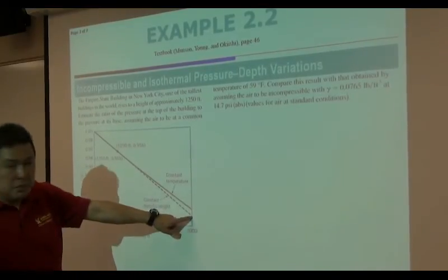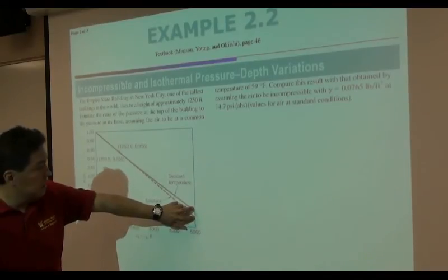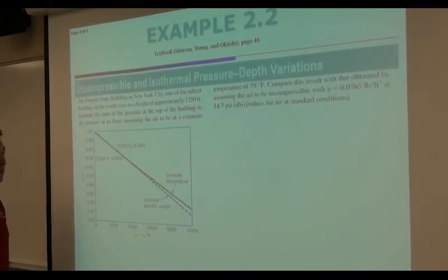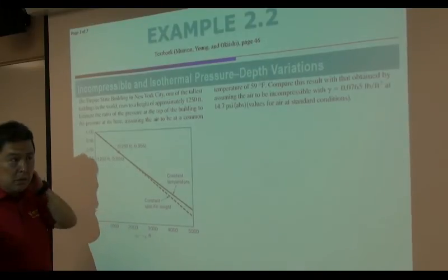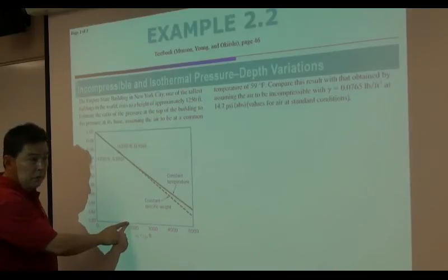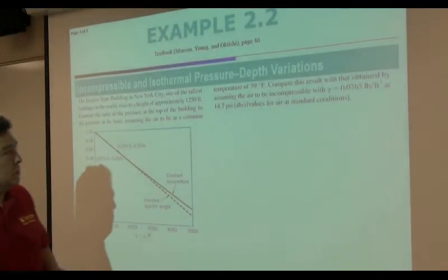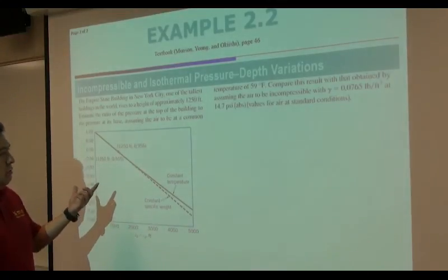So let's say 5,000 feet altitude, you're going to have this much difference. Okay. So obviously those two are based on assumptions, and assumptions usually break down as you go for higher and higher altitude.